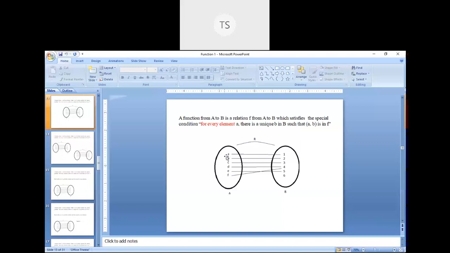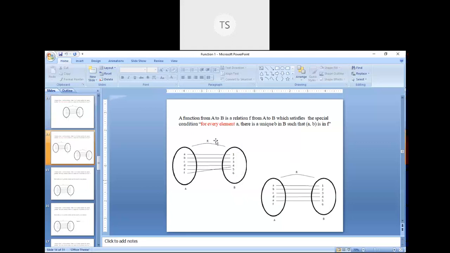All the elements are related to some elements of set B. So in this case, we can say that for each and every element of set A, there is one image in set B. So this image will represent each and every element of set A.